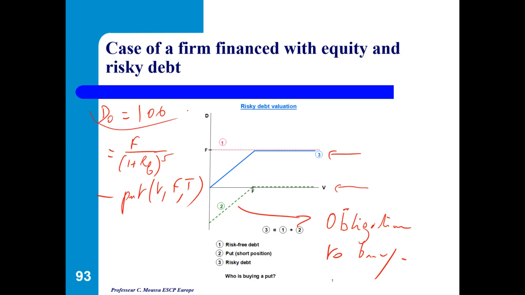So the value of the debt 106 is also this, and you can check that it is going to be approximately that, and it's not really approximate, it's just a problem of discounting. If you do that, 0.1.5 minus the put, and the value of the put was 12. I cannot remember, was it 12 or? I'm going to check.